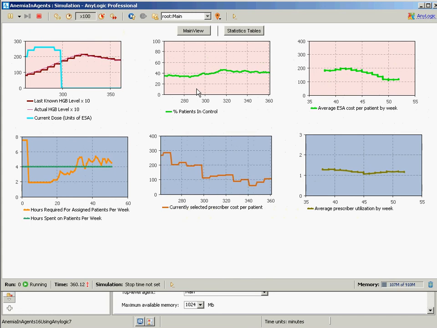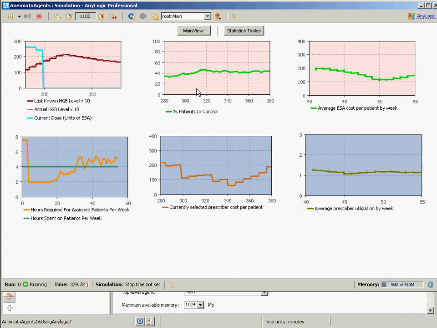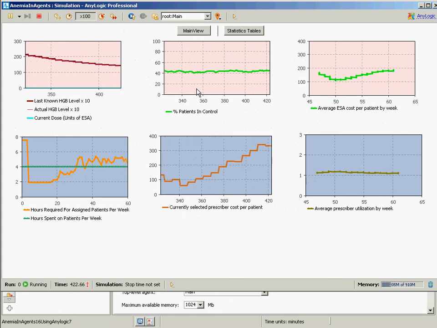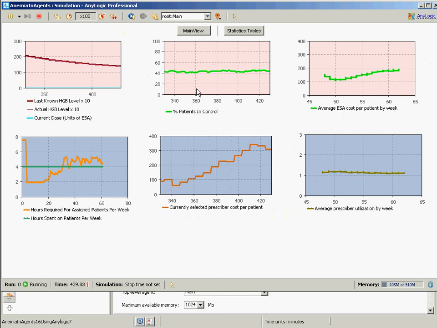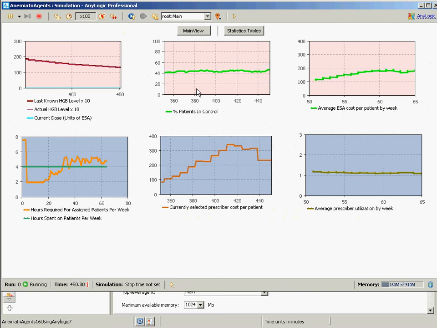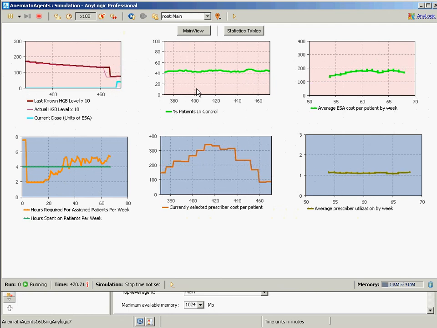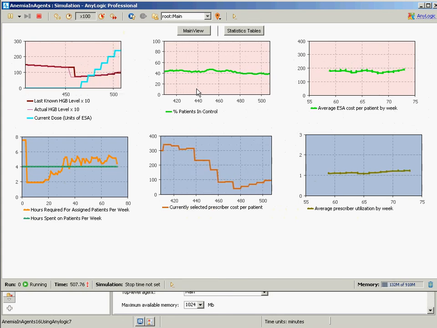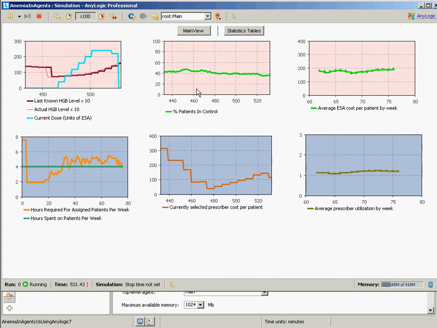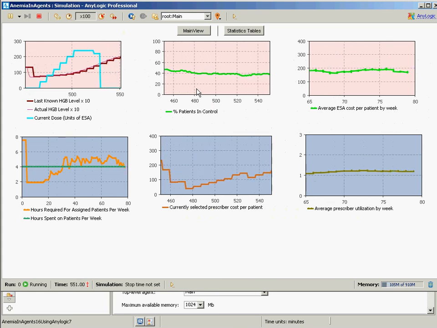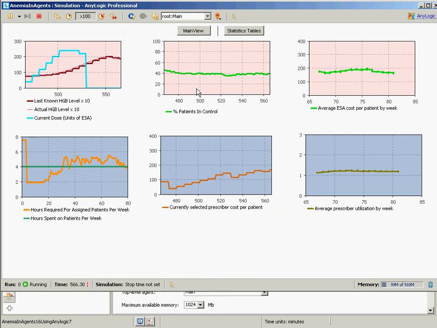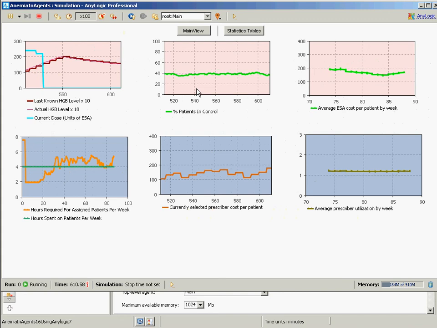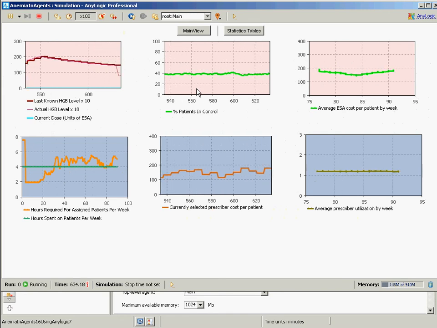Mayo Clinic was interested in this model because it had the promise, and in fact delivered on, being able to simultaneously, and this is a striking thing, the actual model behind here, which is not the one you're running, was able to simultaneously improve quality of life of patients by having them better stabilized in terms of their red blood cell levels, better able to improve their longevity by having them live longer because they had fewer adverse events because they weren't going up and down in terms of their hemoglobin levels.